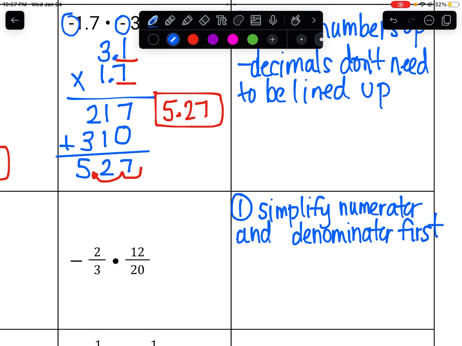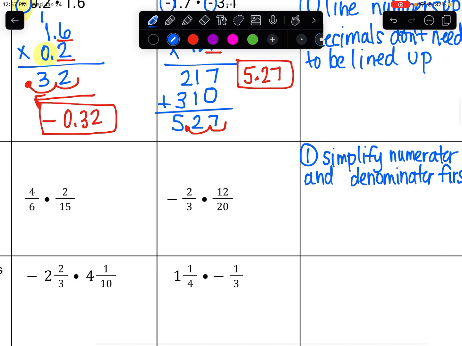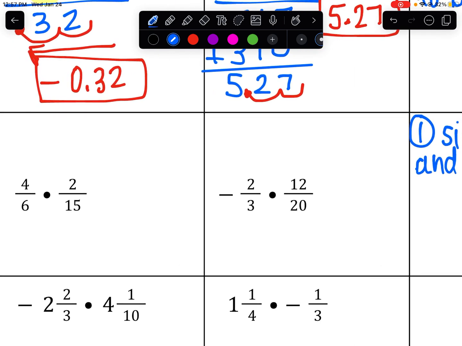Again, make sure you're writing all these things down. If I go to 4/6 times 2/15, I know that I can pick one numerator and one denominator, and if they have a common factor, I can simplify the fraction. I know that 4 and 6 both have a common 2, so this can be reduced to 2/3. But I cannot reduce any further because 2 and 15, and 2 and 3, don't have anything in common.